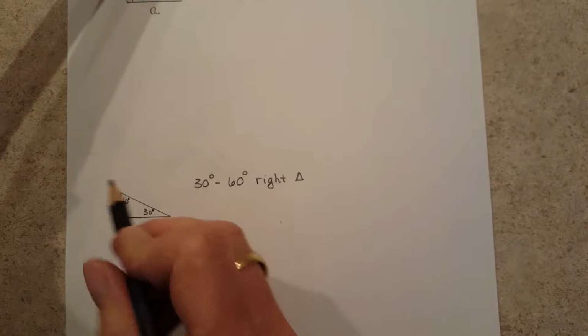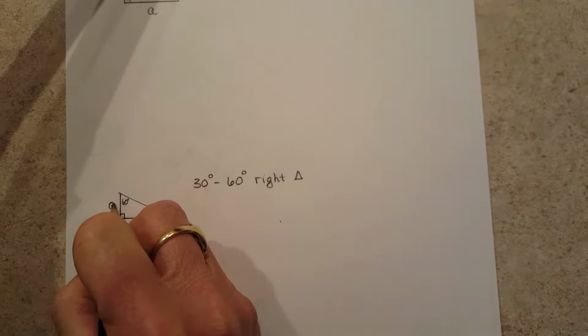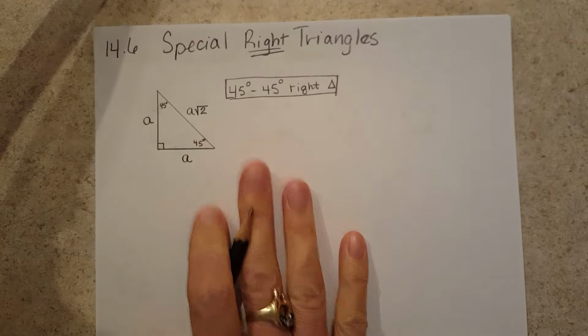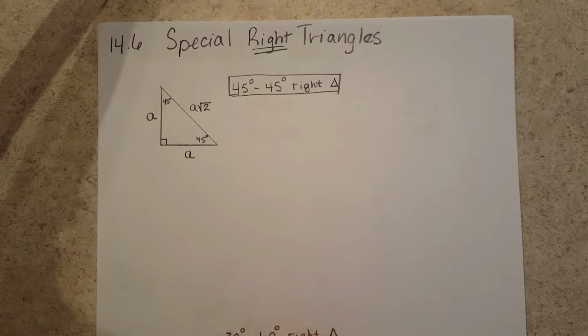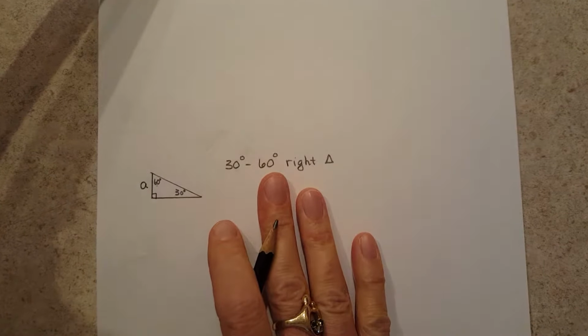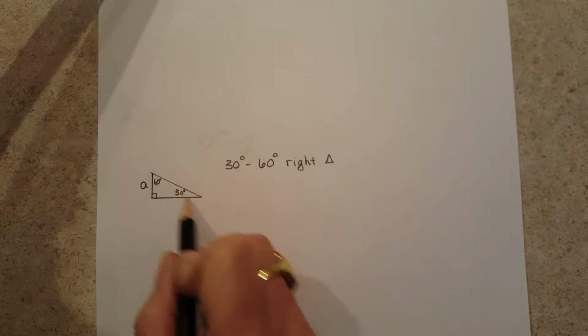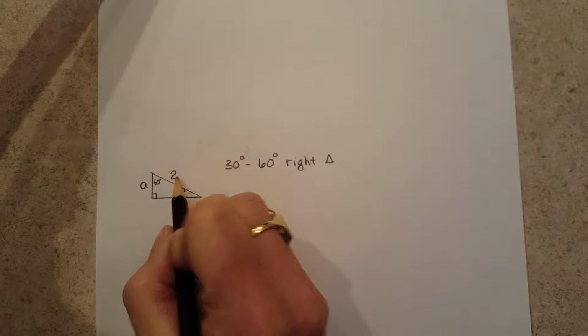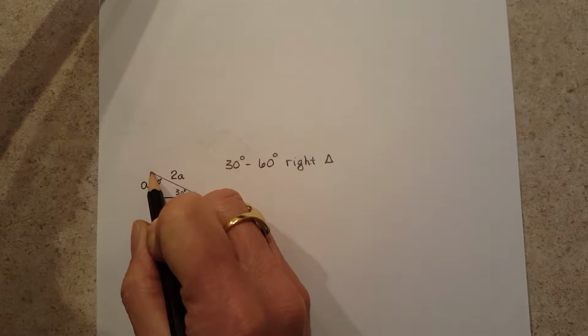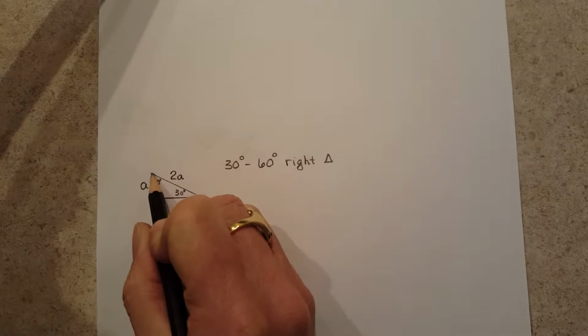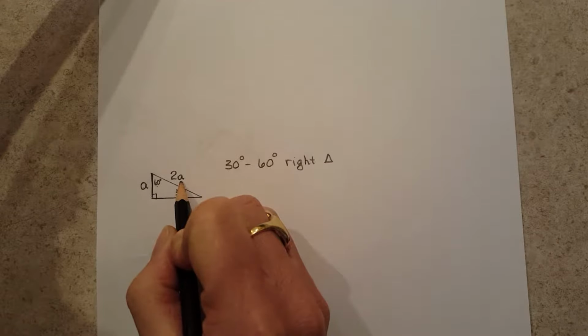It's a little different. If we say this is A, in the 45-45, both those sides were the same. Not so in a 30-60 right triangle. If this is A, then the hypotenuse is double that. If the short leg is A, the hypotenuse is 2A.